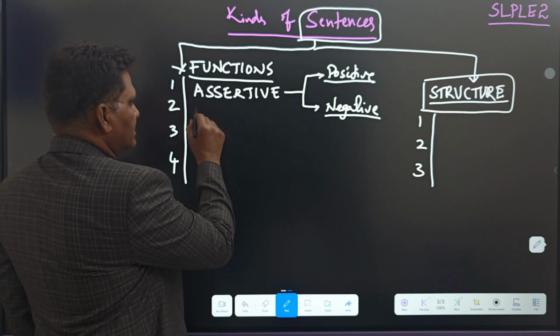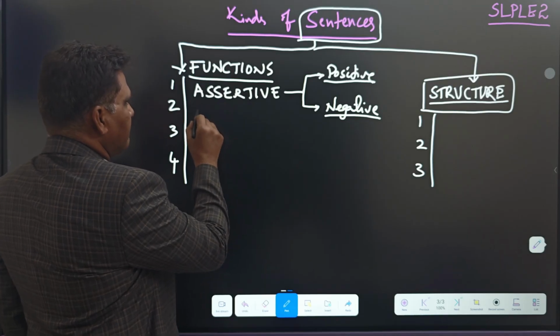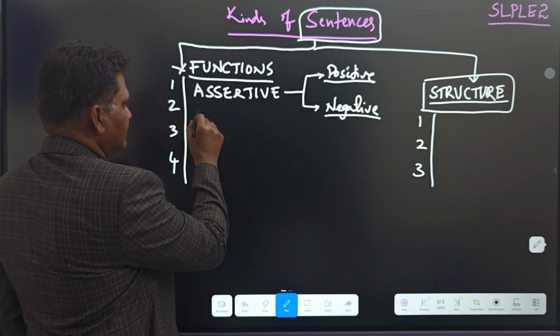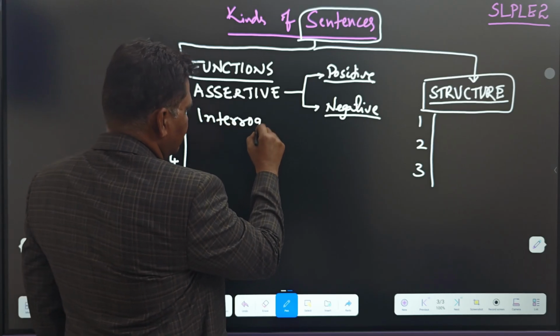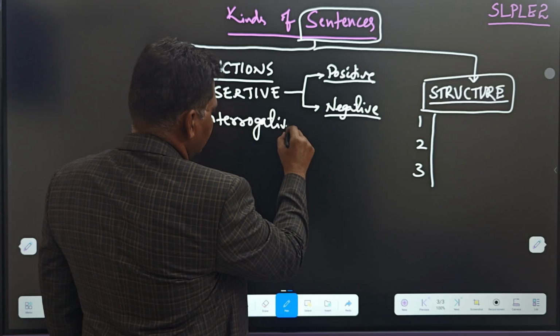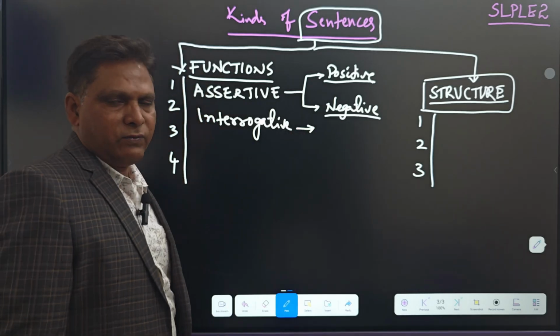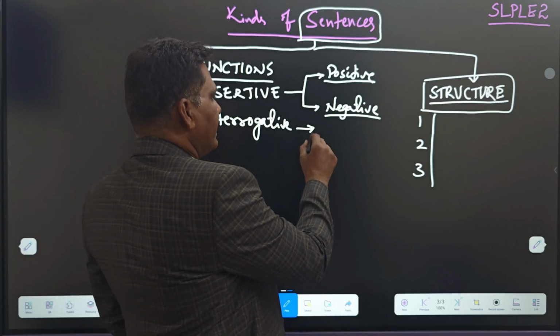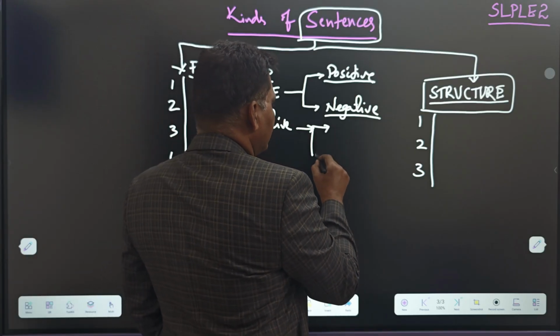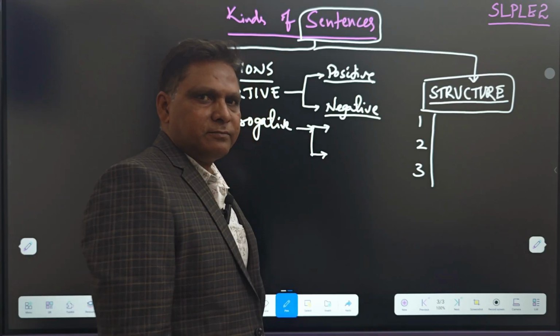And the second type of sentence based on function is interrogative sentence. And the function of this one is to ask questions. Again, you can divide this into 2 types.